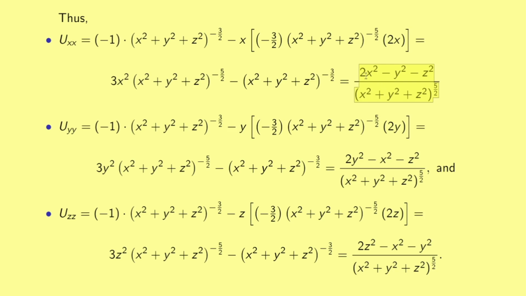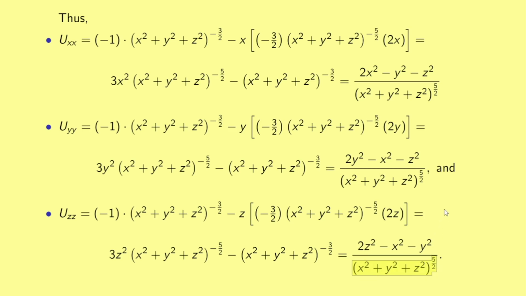The results I get: when finding uxx, I get 2x squared minus y squared minus z squared over this denominator here. When calculating uyy, I get 2y squared minus x squared minus z squared, over the same denominator. And when finding uzz, I get 2z squared minus x squared minus y squared over the same denominator.